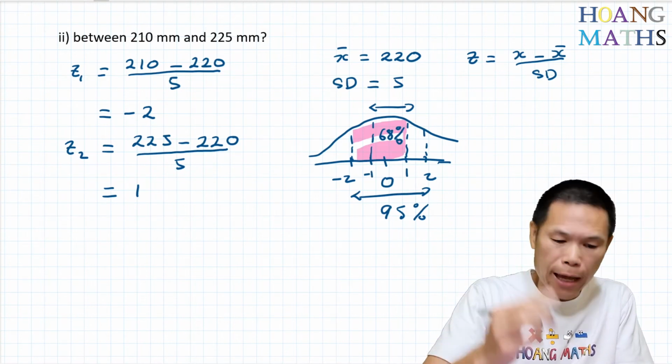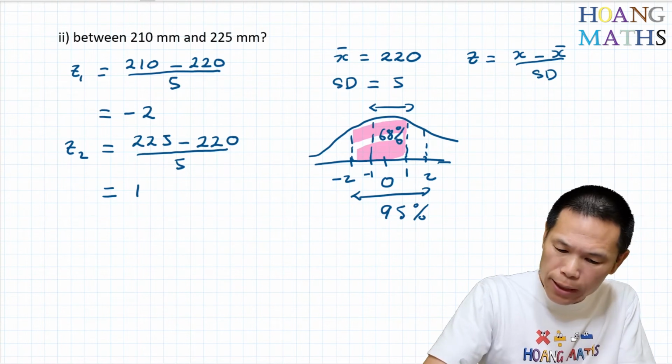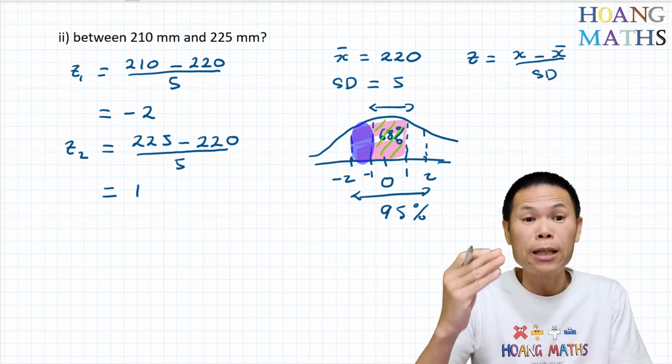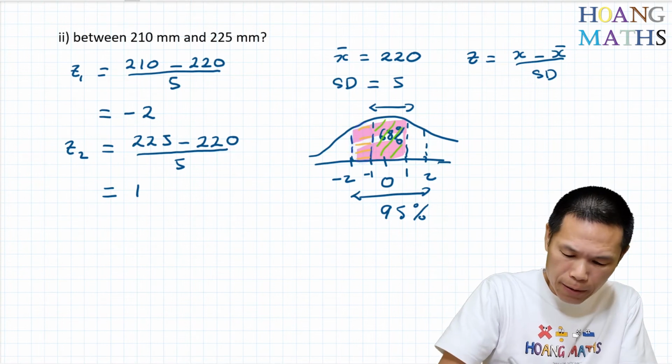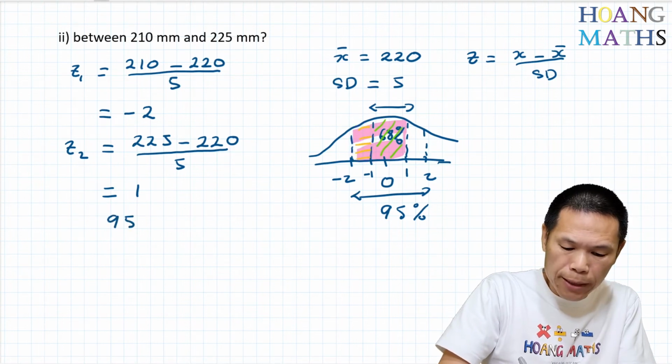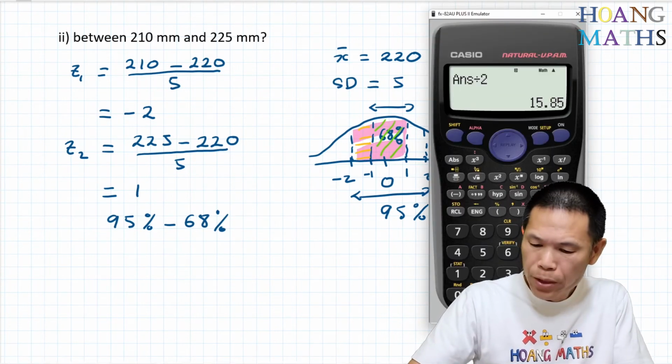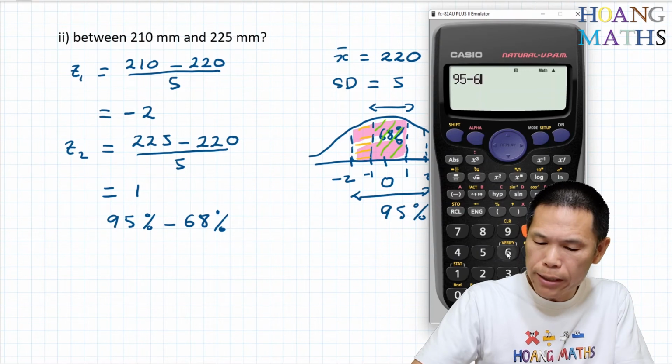So to work this out, so we already know that is 68%. And we just need one of these, okay? Then to work it out, so we just go 95% minus 68%. So I go 95% and we minus 68%. And that will give me, so I just quickly go 95 minus 68.